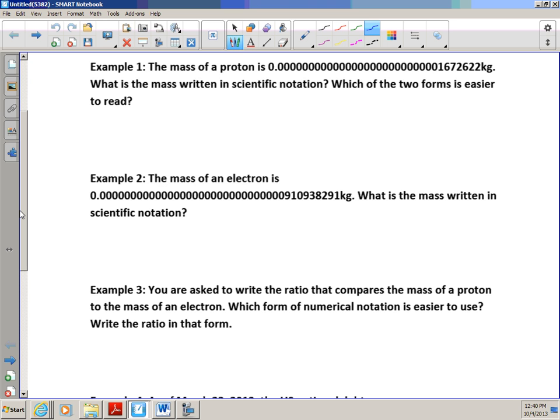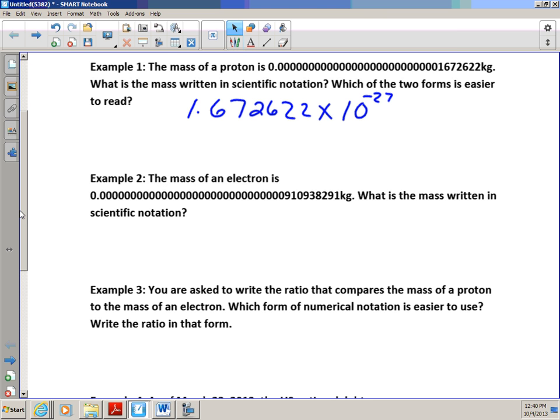But we know that we can convert that, as previously learned, into scientific notation by moving the decimal to the right. In how many places? 27. But it's a negative exponent because we're dealing with a very small number. This is a more efficient way of writing that number than with the multitude of zeros that we see there.